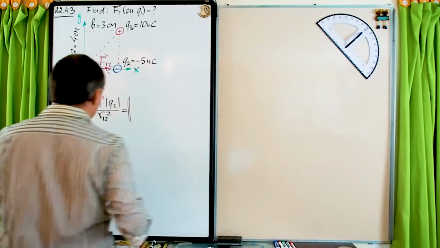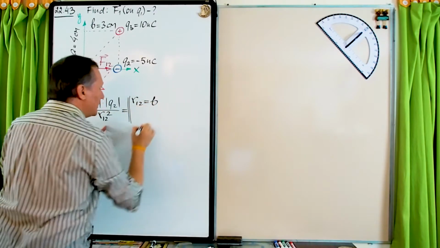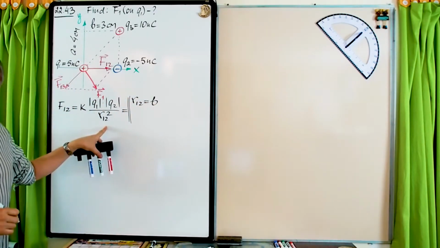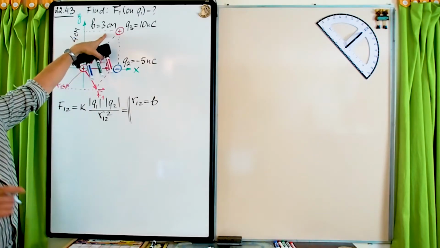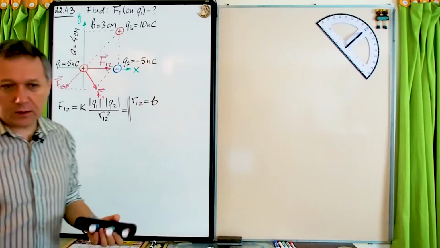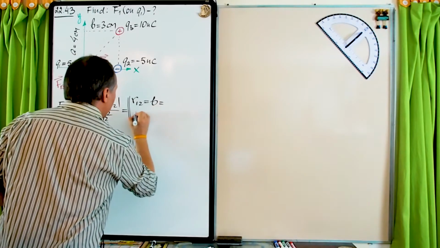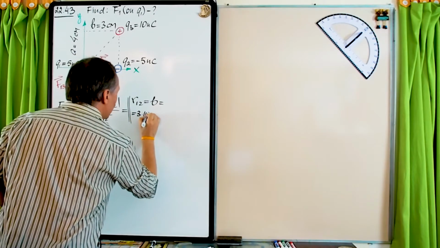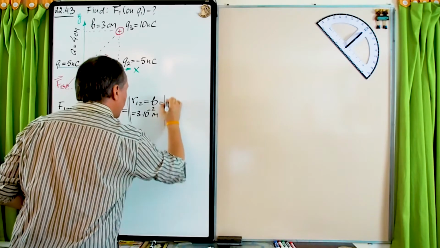So for example, in this case, I want to show that R12 is just b. Right? I'm just explaining what I'm going to use here. And of course, b is 3 centimeters, but of course, we have to convert it to meters. Don't forget, because I see some students still make these silly mistakes. All right, so it will be 3 times 10 to the power of minus 2 meters. So that's what I'm planning to use, right?